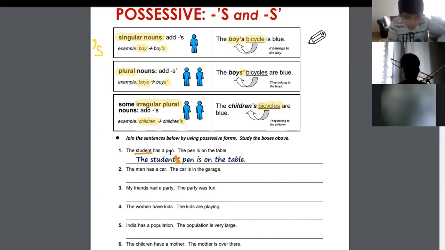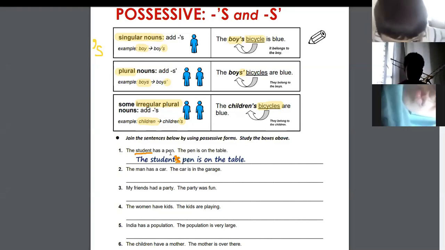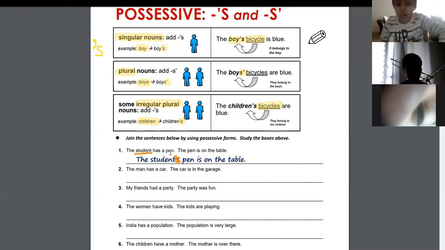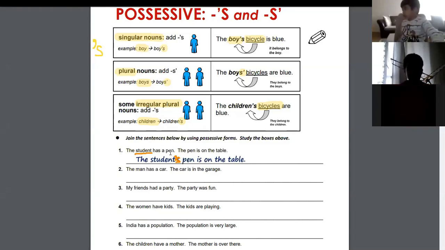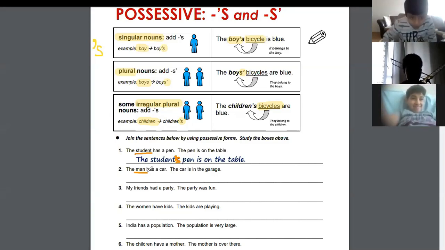Number 2, the man has a car. The car is in the garage. So we are revising now possessive nouns. The noun in front of us here is the man. Man, is it one or more? Man, one.